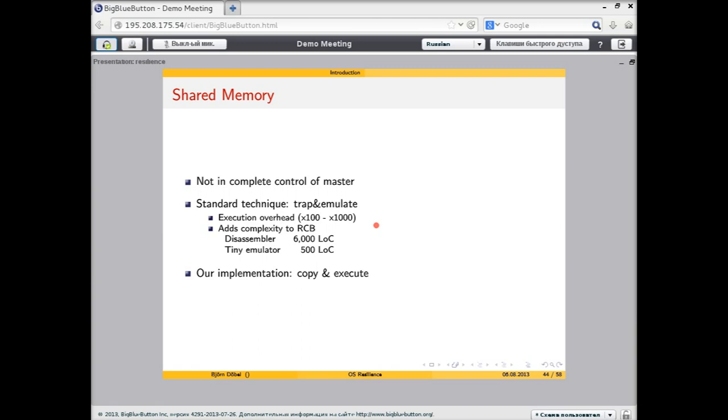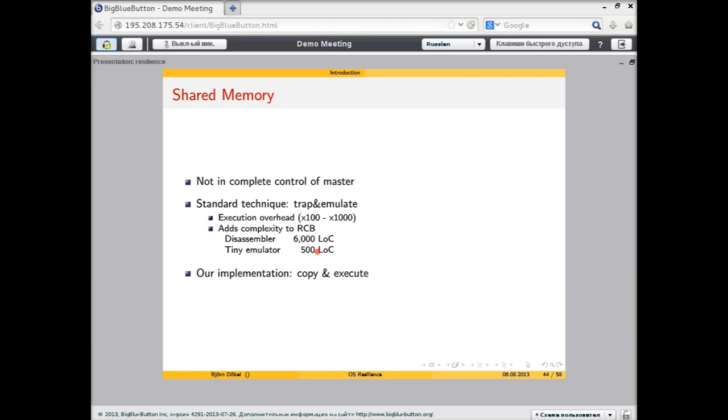And this already sums up to 6,000 lines of code simply for an x86 instruction disassembler. And then we wrote an emulator that is able to emulate the easiest instructions, such as read and write to a memory address and push and pop from and to stack and so on. And this was another 500 lines of code. So we're getting 6,000, 7,000 lines of code simply for this trap and emulate thing, and it's even slow.